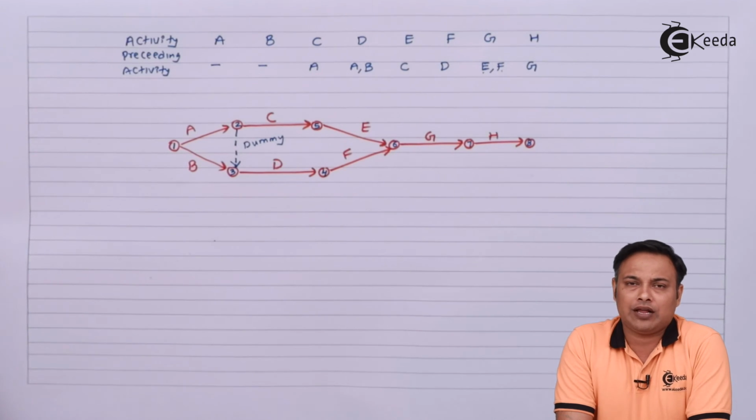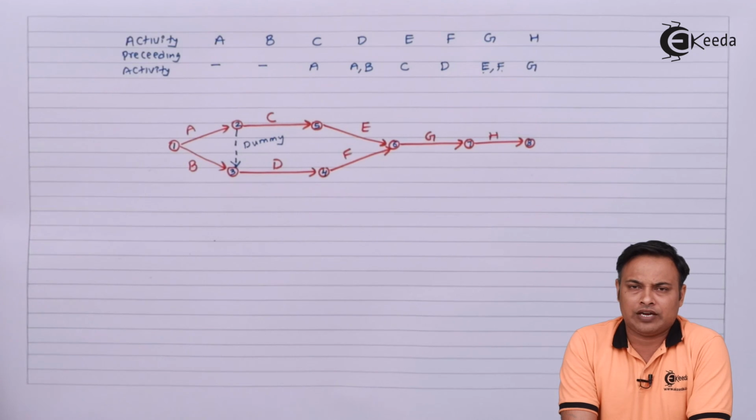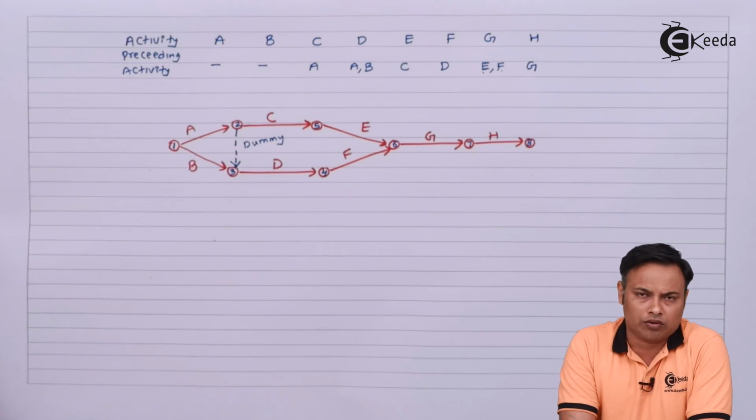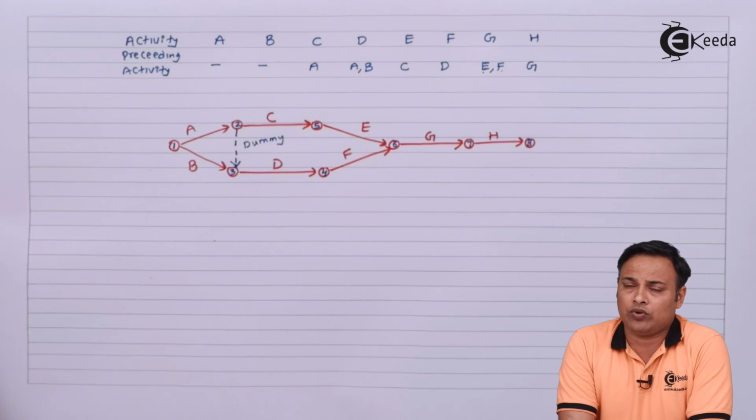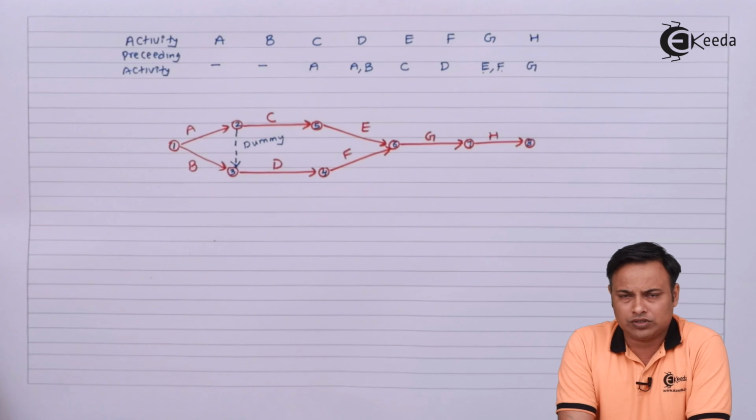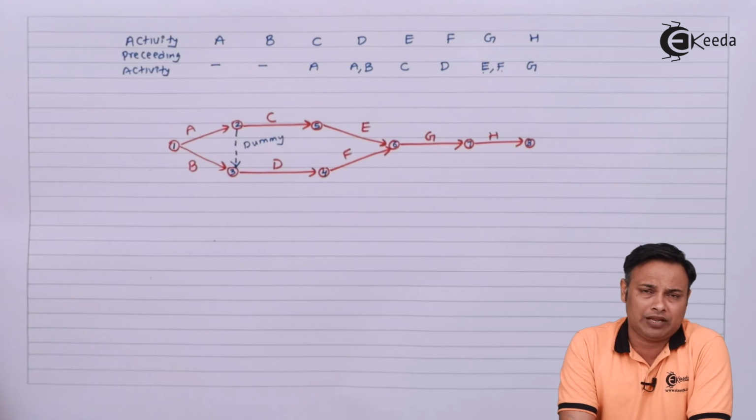Remember, drawing the network diagram is the most crucial part of this whole topic of CPM and PERT. CPM PERT में अगर आपका networking diagram में mistake हुआ तो almost your whole problem may go wrong. Therefore, it is very vital that you understand how to draw the network diagram. You practice a lot of problems based on networking. We have solved almost 10 to 12 or 15 problems based on the concept of only network diagram, so that you can become familiar with the whole concept.